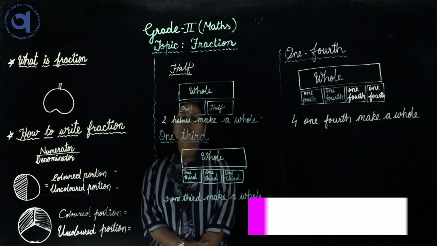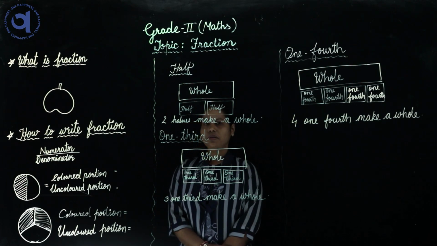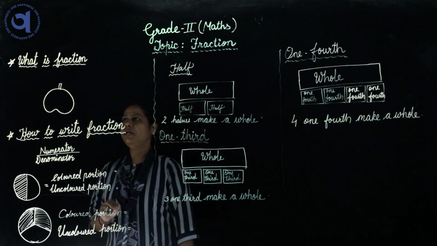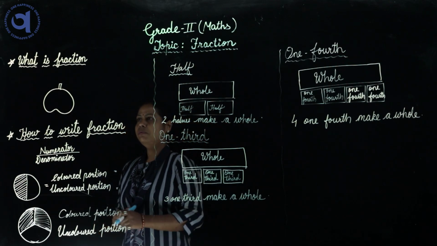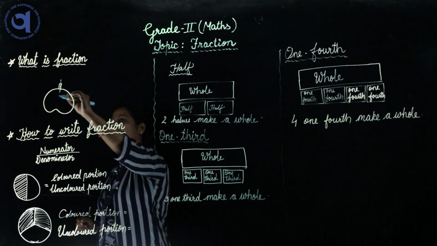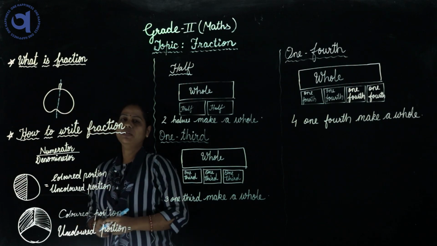Today we are going to learn grade 2 maths and the topic is fraction. Now do you know what is fraction? Fraction means a part of a whole. Suppose we divide the apple into two equal parts, okay?